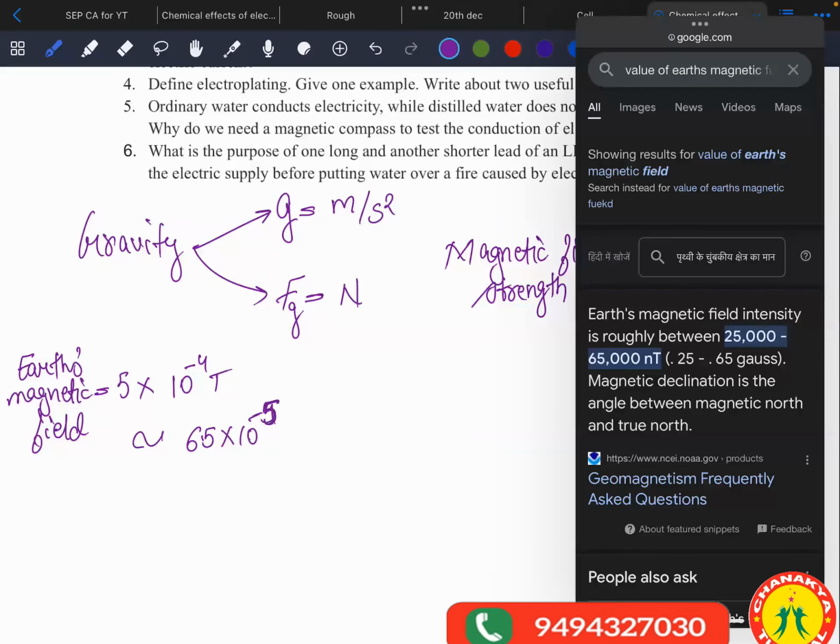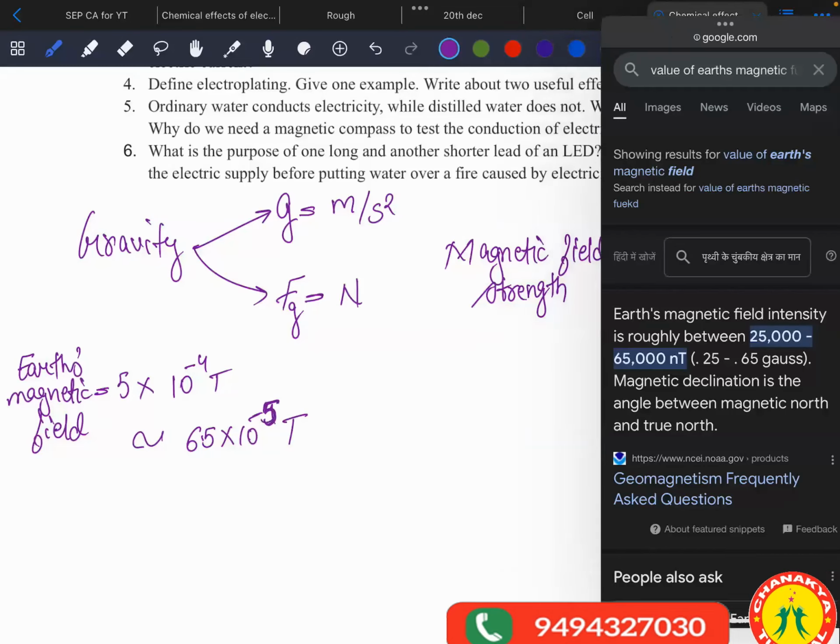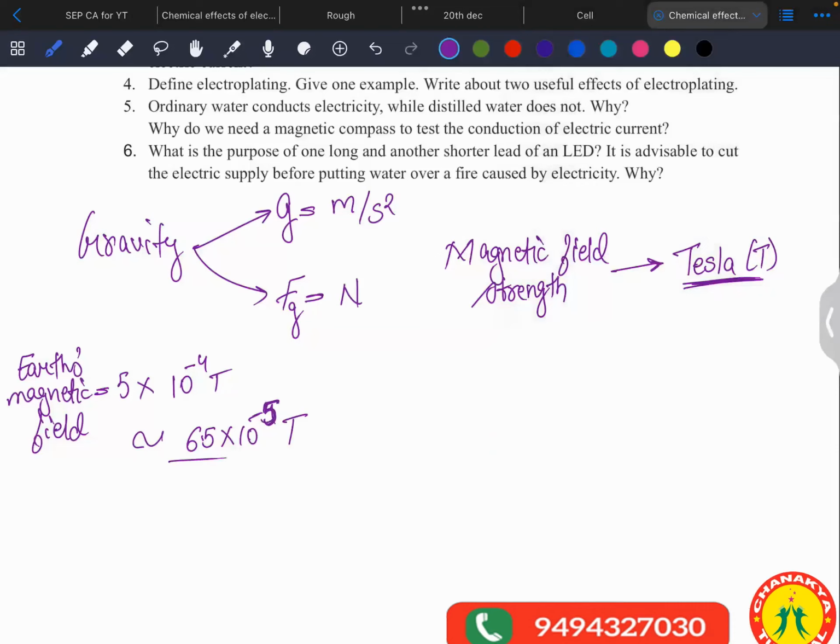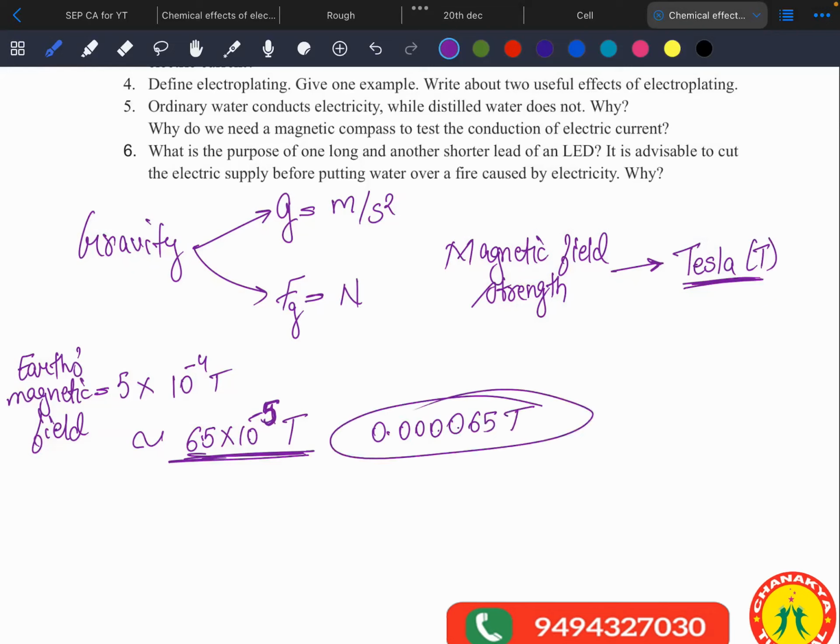So you can imagine the value as 10 to the power minus 5, that means 0.00001 Tesla. So this is the value of Earth's magnetic field.